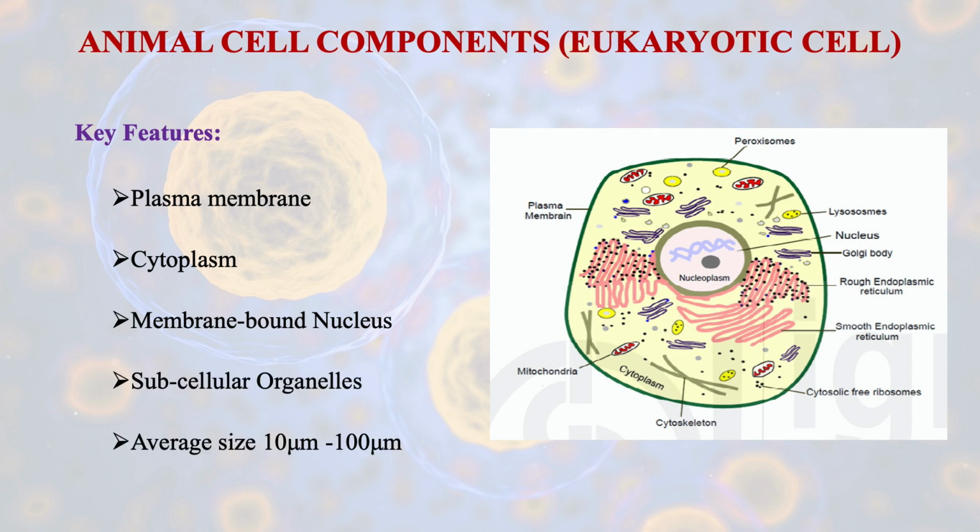The average size of an animal cell is about 10 micrometers to 100 micrometers. So the animal cell structure has the cell membrane. Within the cell membrane, the cytoplasm provides the space to occupy the various components of the subcellular organelles.